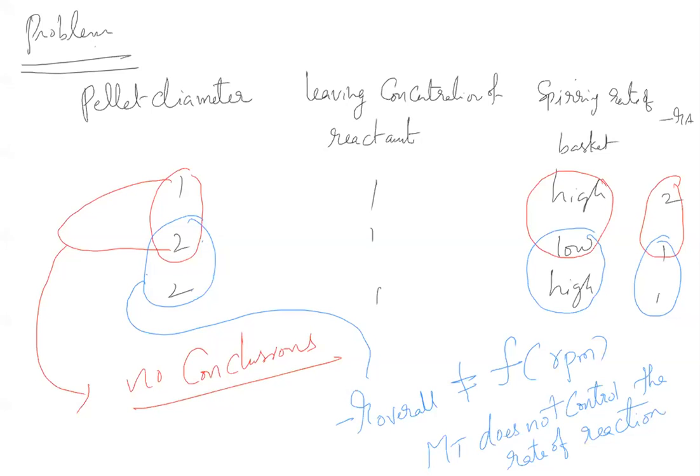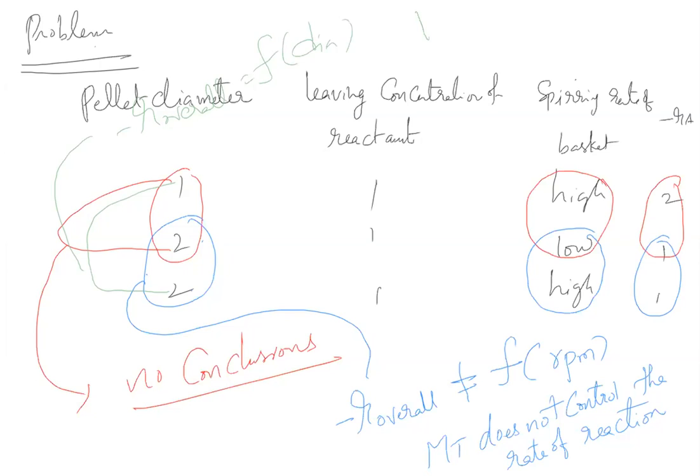Then I will take experiments 1 and 3. If you take these two experiments, what is the change? I am changing the diameter, my stirring speed is the same, but my rate is changing. Clear? So my rate overall is a function of diameter.